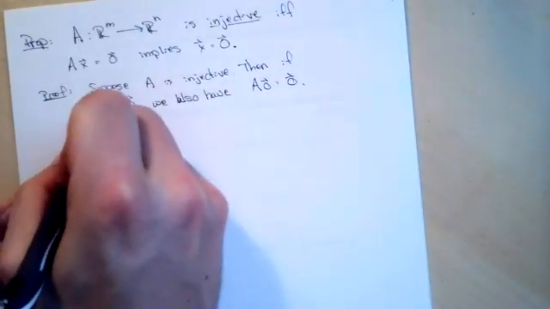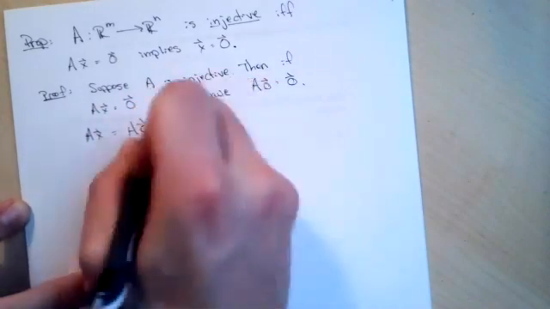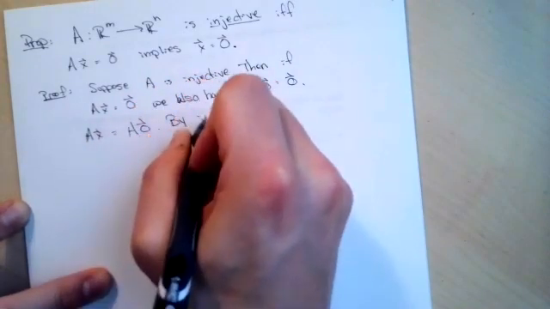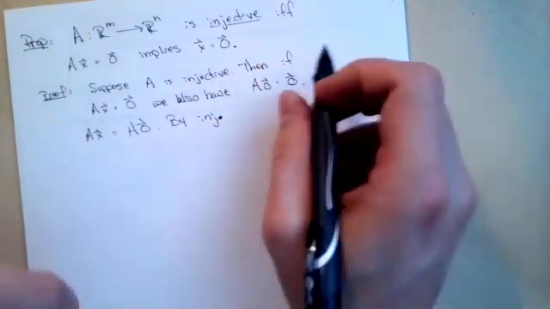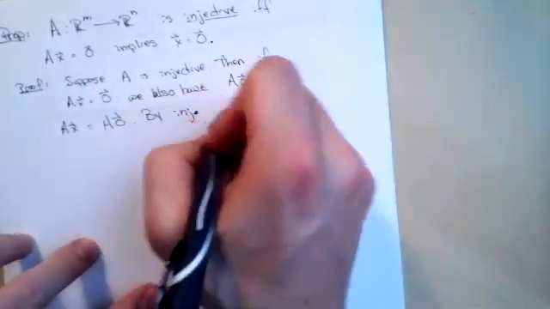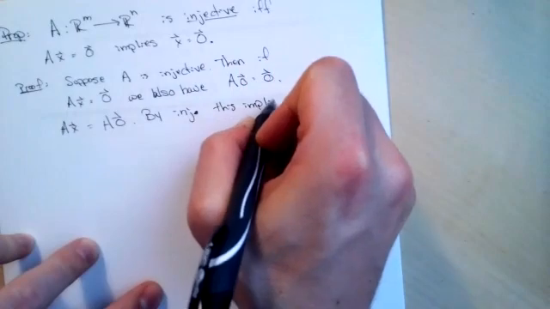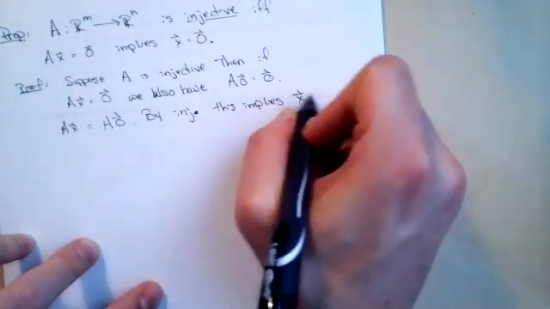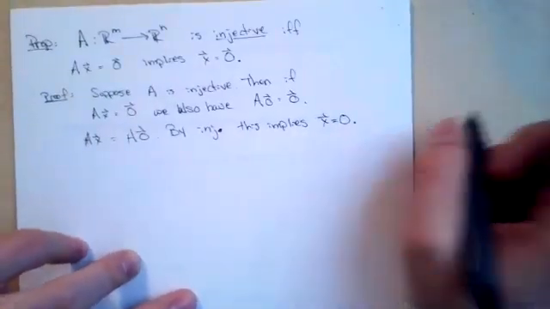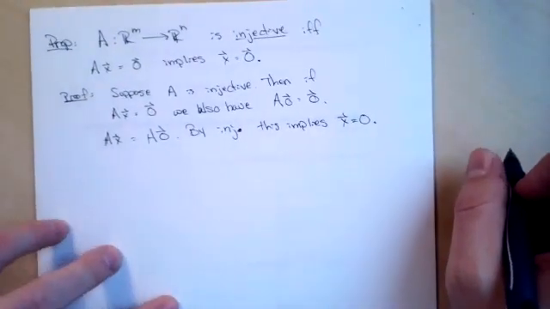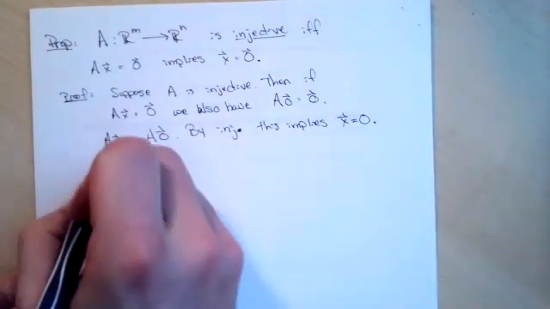In other words, A of x equals A of 0. And so by injectivity, I'll abbreviate INJ, this implies x equals 0. So that shows one direction.